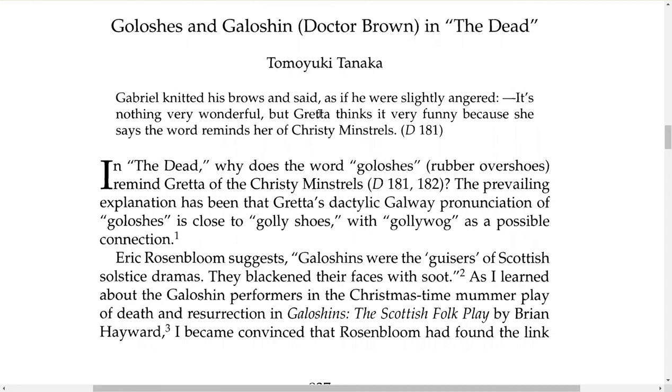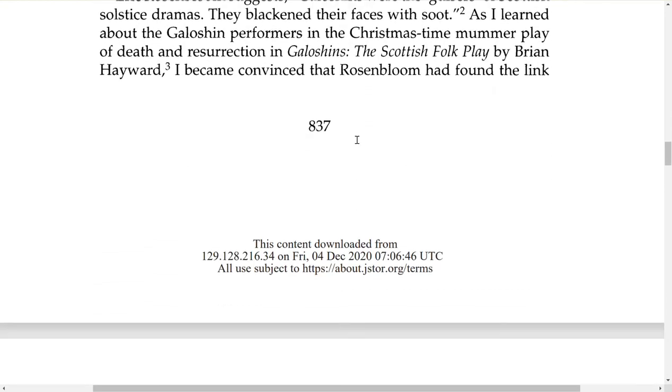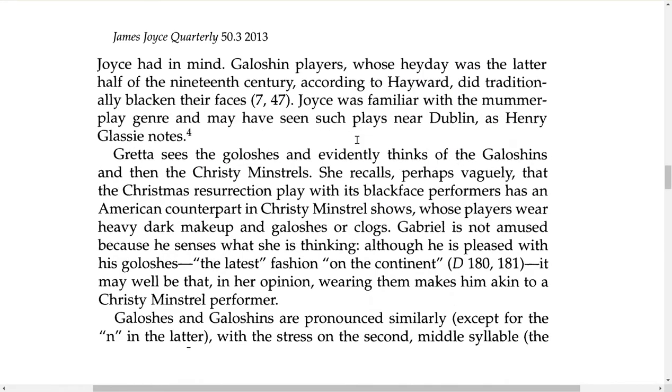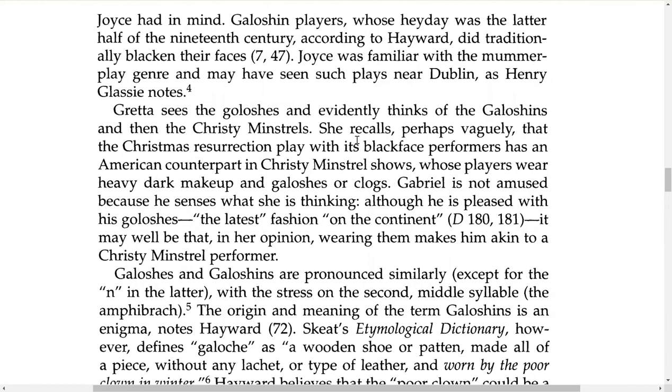I became convinced that Rosenblum had found the link Joyce had in mind. Galatian players, whose heyday was the latter half of the 19th century, according to Hayward, did traditionally blacken their faces. Joyce was familiar with the Mummer play genre and may have seen such plays near Dublin, as Henry Glassy notes.